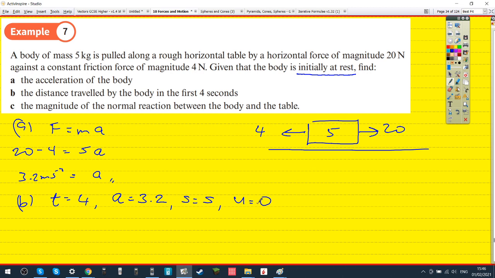Yep. And I need to put in stuff. S is equal to ut plus a half at squared, I believe.